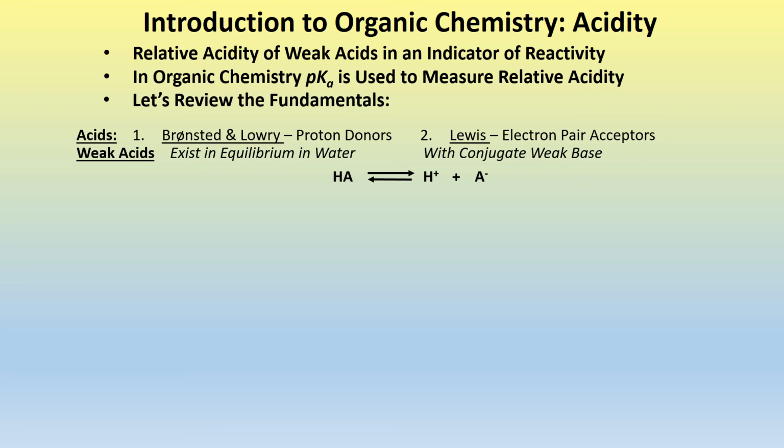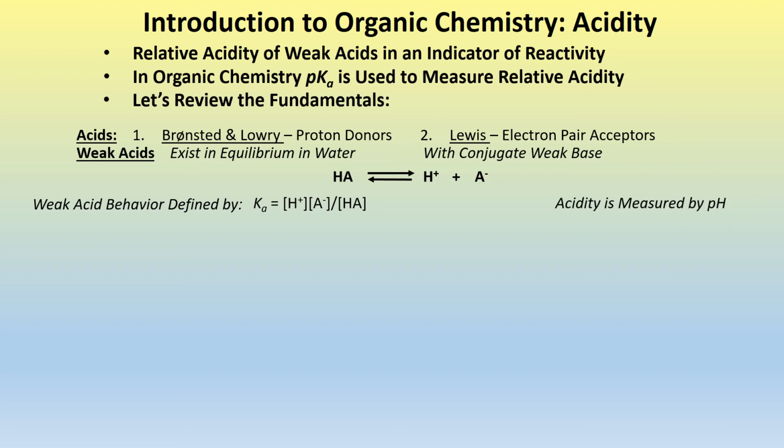The behavior of the weak acids is defined by the acid dissociation constant, Ka, products over reactants: the concentration of H+ times the concentration of the conjugate base A- over HA. And acidity is measured by the pH scale, where pH is the negative base 10 log of the hydrogen ion concentration and is the measurement of acidity.